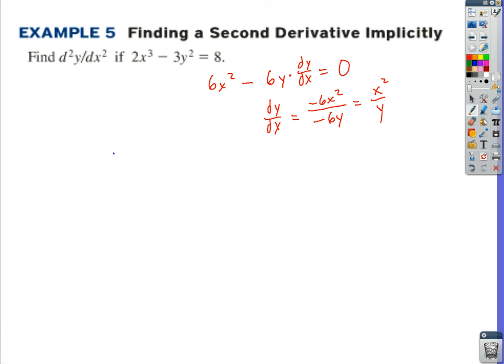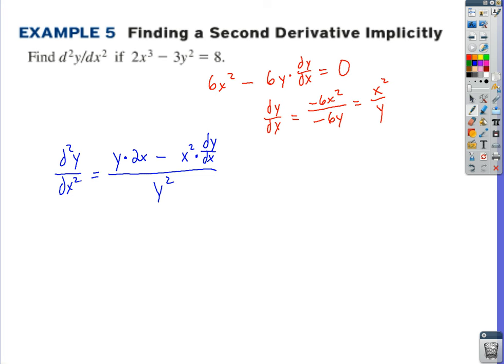So low d high: y times the derivative of high, 2x, minus high d low: x squared times the derivative of y, dy/dx, all over low squared, y squared. And this is equal to your second derivative of y with respect to x.